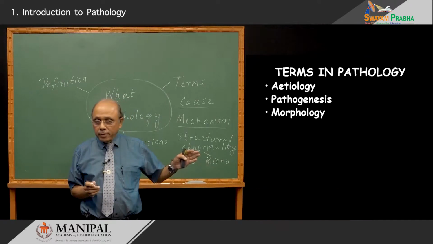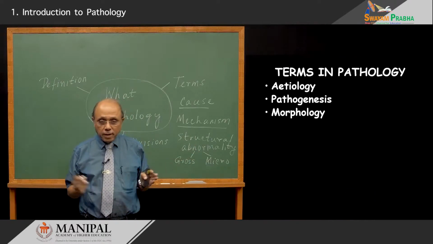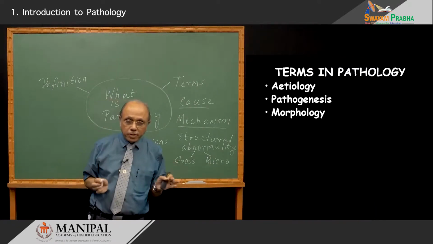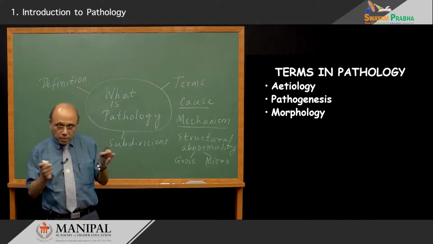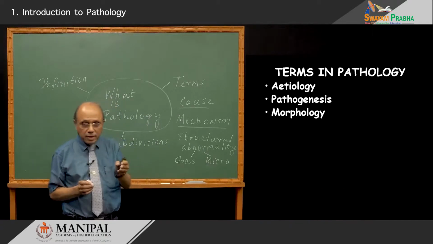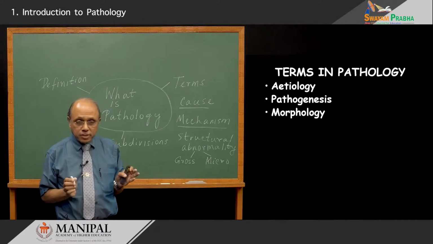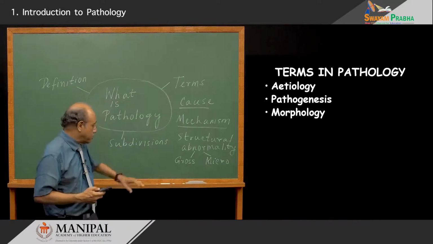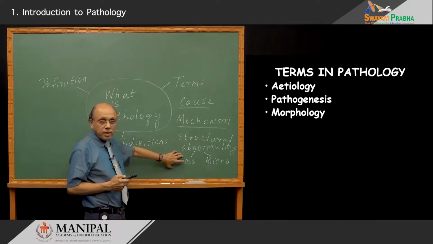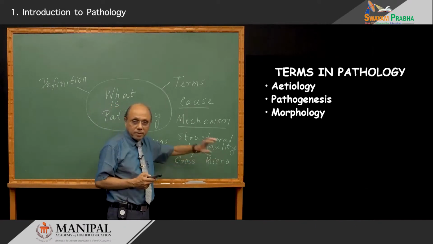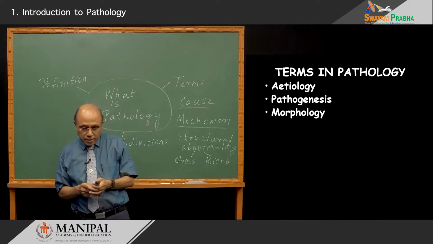One is the gross changes and the other is the microscopic changes, and that is so integral to the functioning of a histopathologist. I will talk about that a little while later. So, morphology simply refers to structural changes, and these structural changes could be at gross level, naked eye appearance, and at microscopic level, that is generally under the microscope.